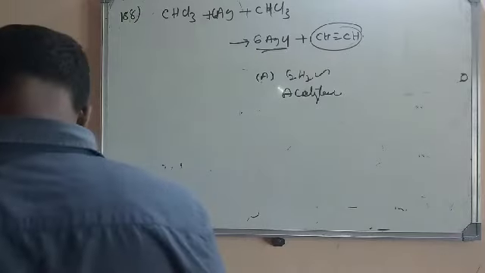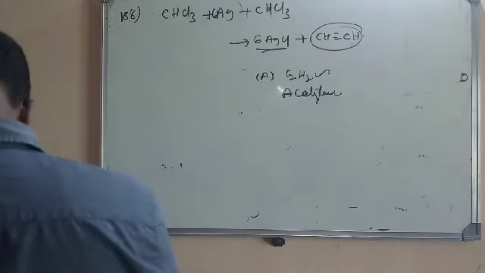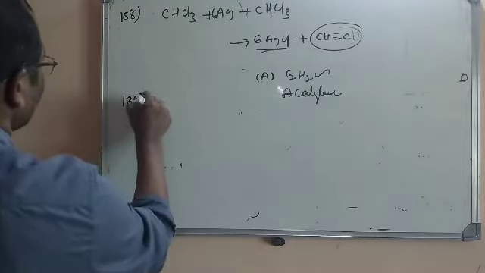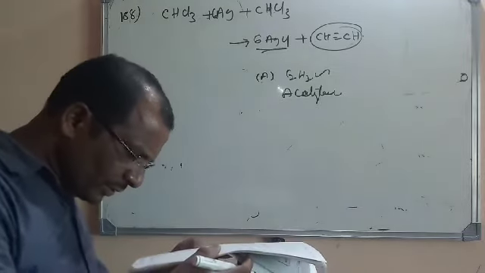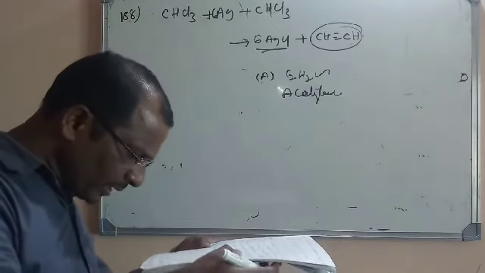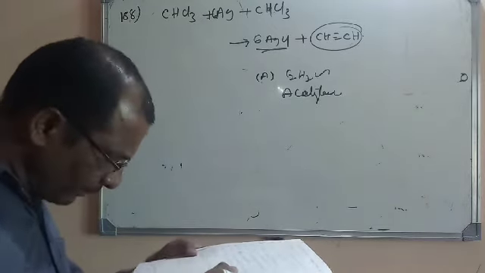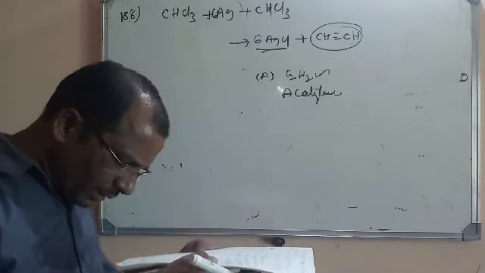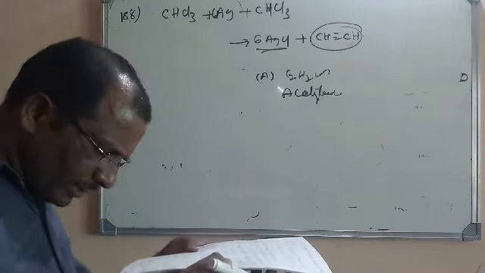Let us go for the next question, 189. CCl4 is used as a fire extinguisher because its boiling point is low, its melting point is high, and it gives incombustible vapor.